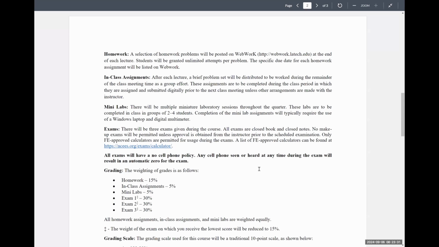So let's talk about FE approved calculators real quick. I have a pile of calculators here. These are my personal favorites. So according to NCEES, which is the organization that puts on the Fundamentals of Engineering exam, there's only 6 calculators that can be allowed for use on that exam. It is the HP 33S and the HP 35S.